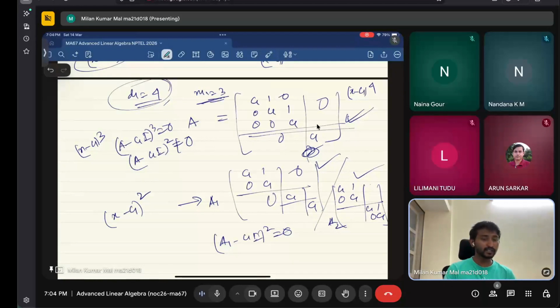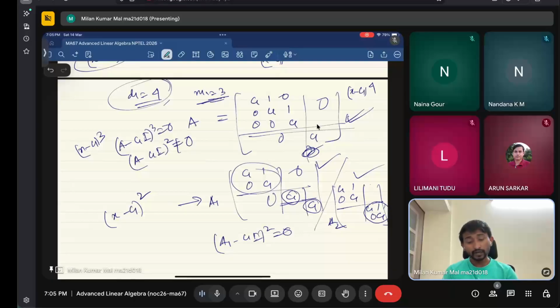But what is the difference here? If you look carefully, here one block is 2 by 2, and the other two are 1 by 1 blocks. But in the second case, there are two 2 by 2 blocks.